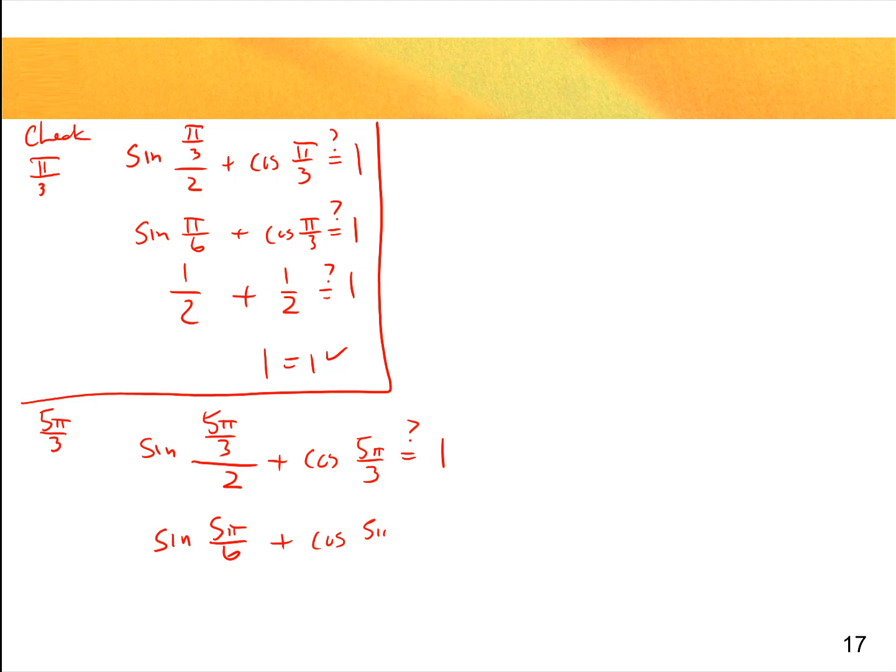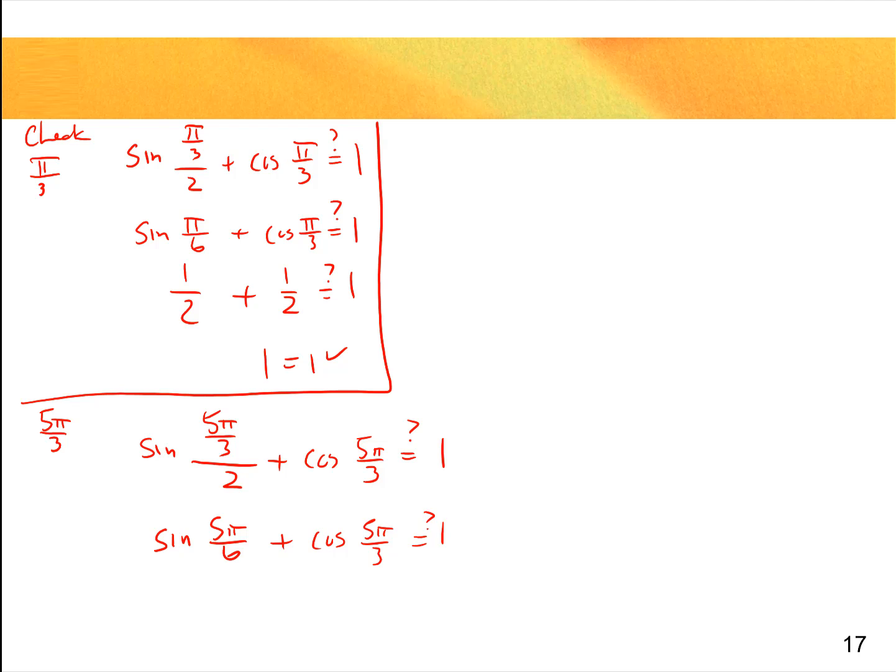And I'm going to go back to the textbook as well. Look at my unit circle. See what I have here. So 5 pi over 6. Oh, sorry, 5 pi over 3. Yeah, sorry, 5 pi over 6.